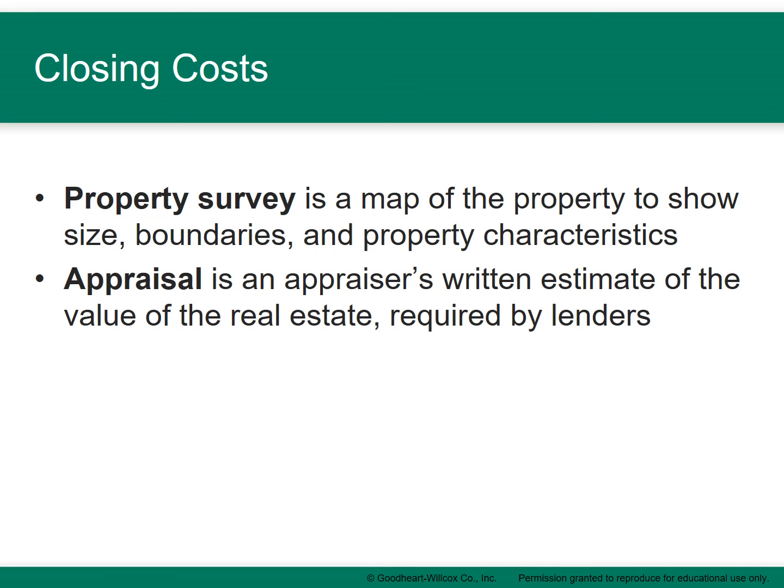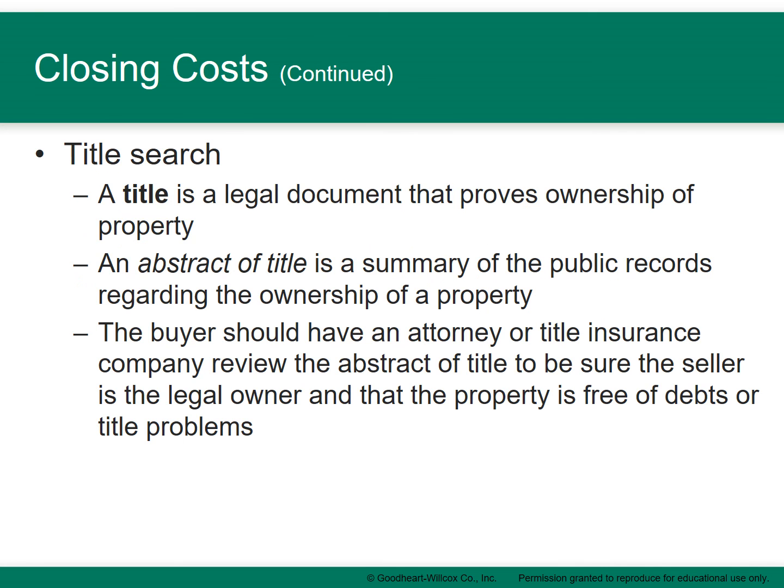Different types of closing costs include the property survey, where they actually survey the property to see the size, the boundaries, and the characteristics, as well as the appraisal, when they bring in an appraiser who gives a written estimate on the value of the home. Also, you look for a title search, which is the legal document that proves ownership of the property.